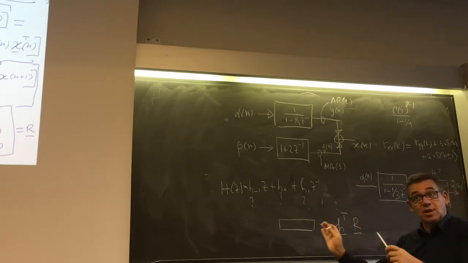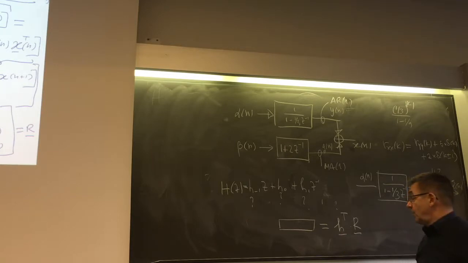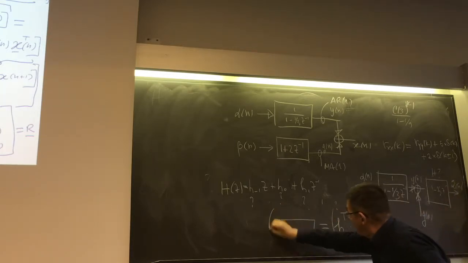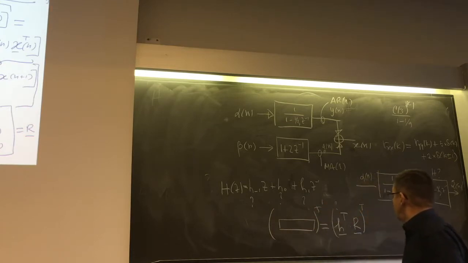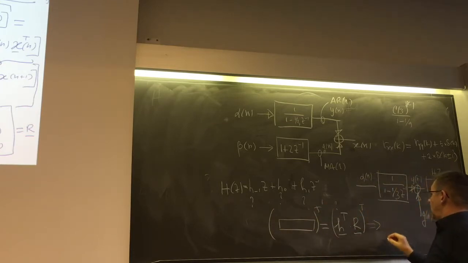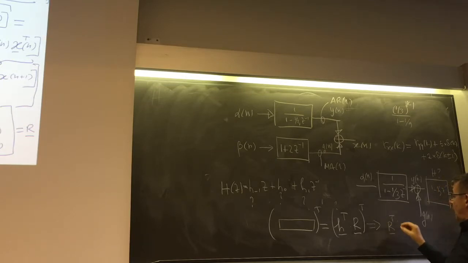So I transpose the left and right. If I make a transpose here, as I make a transpose there, what I get is R transpose H equal to the vector, that one which is indicated at the top.